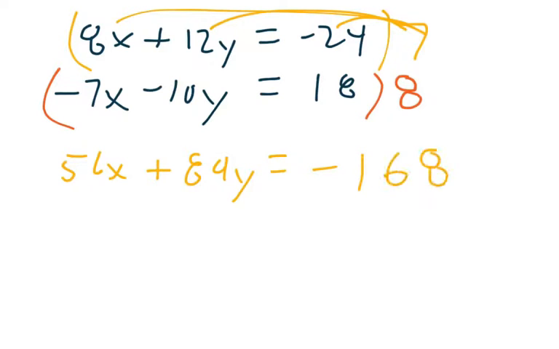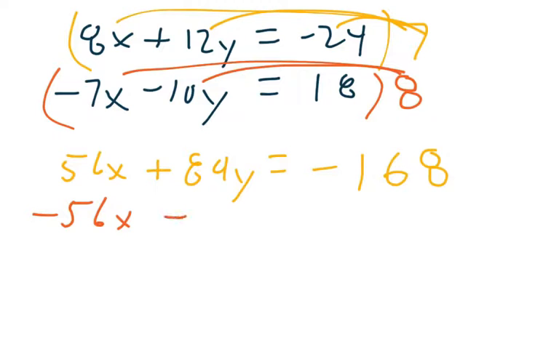Again, you may want to use your calculator for that one. Now let's do the 8. 8 times negative 7 is negative 56x. Hopefully you're seeing right here why we did that. 8 times negative 10 is negative 80y. And 8 times 18 is 144.